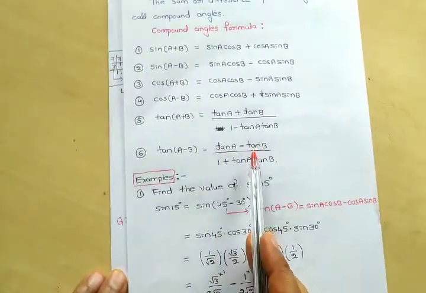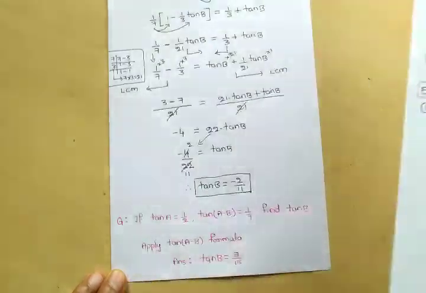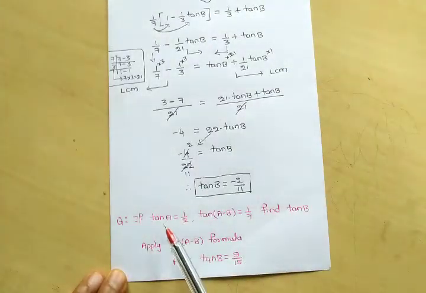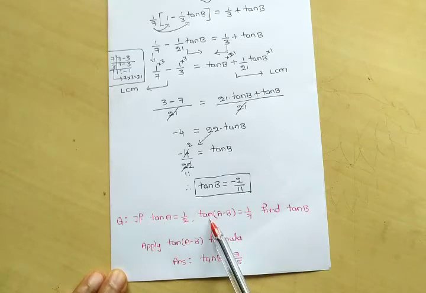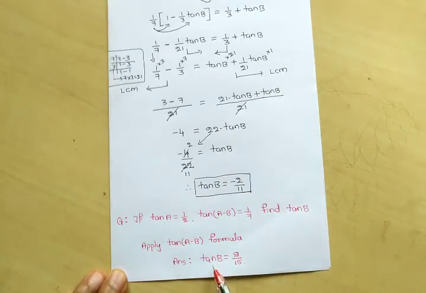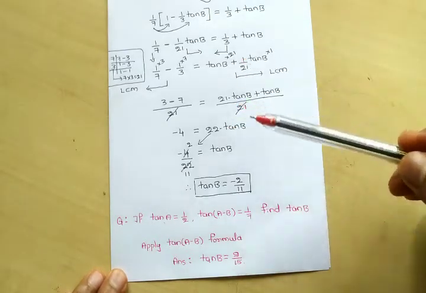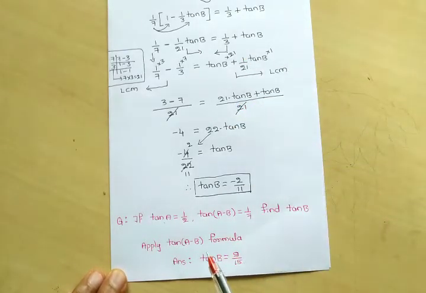Tan a minus tan b divided by 1 plus tan a into tan b. So after applying the formula, substitute the tan a value, substitute the tan a minus b value, then do the simplification. The final answer you should get is tan b equal to 9 divided by 15. How you solved the previous example, the same steps you need to apply here also. The only change is you need to apply the tan a minus b formula here.